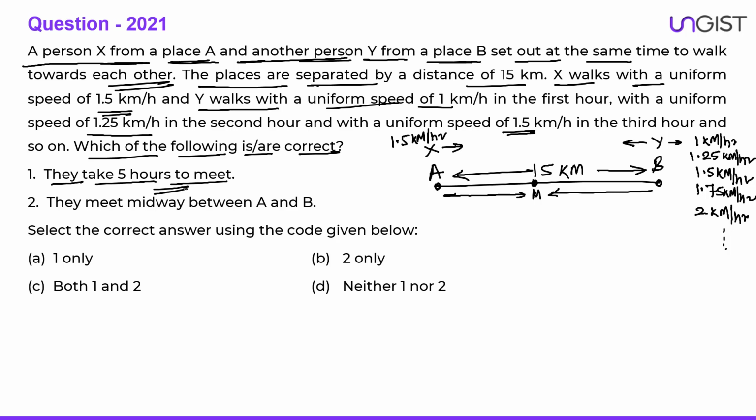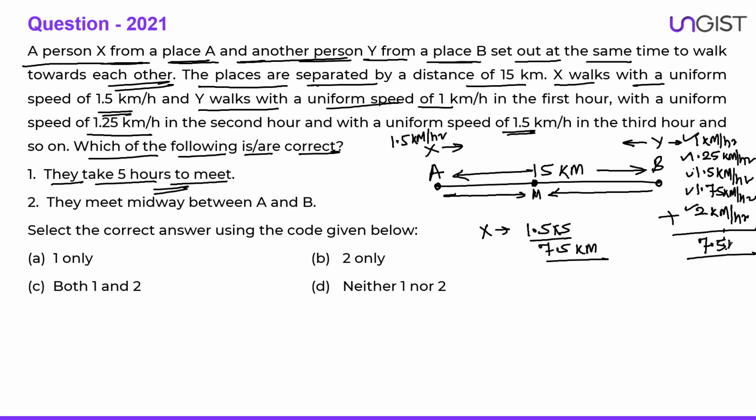So just check it. Distance covered by X in 5 hours: 1.5 into 5 is 7.5 kilometers. And the distance covered by Y in 5 hours, like we have written for first, second, third, fourth, fifth hour: 1 plus 1.25 plus 1.5 plus 1.75 plus 2. So just add: 1 plus 2 is 3, and 1.25 plus 1.75 is 3, so 3 plus 3 is 6, and 6 plus 1.5 is 7.5.